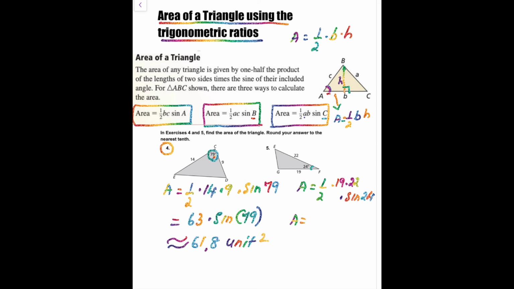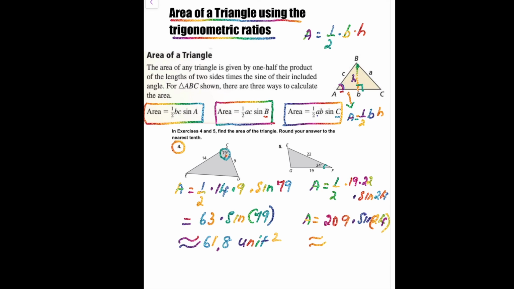So the area is equal to 1/2 of 22 is 11. 11 times 19 is 209, I believe, right? 209 times sine 24. When you calculate that, you will get approximately, and remember to put 24 in parentheses when you enter that in the calculator, about 85 square units.